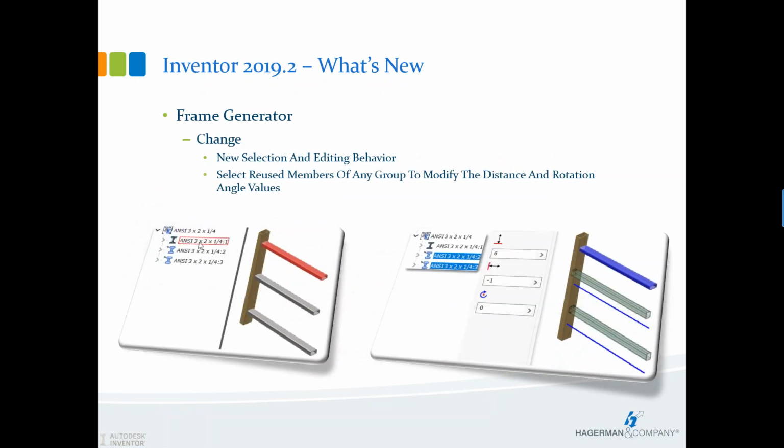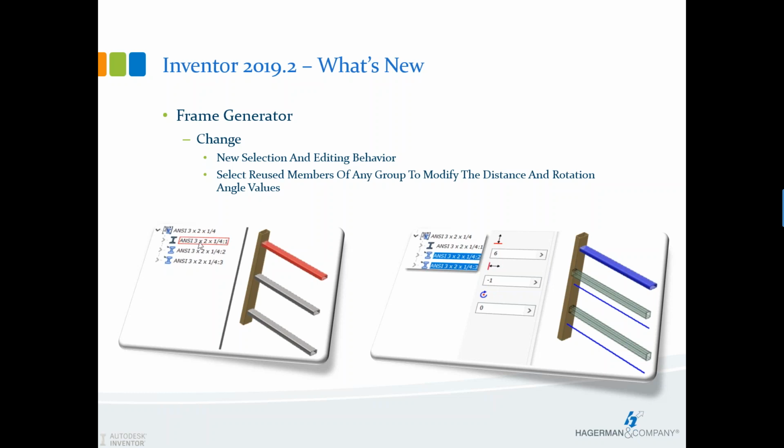The change command, new selection there and editing behavior when using the change command. So in previous releases, you could not select or edit attributes of reused components like this. With the 2019.2, we can do that. So if we've reused some components, we can go in and change those now and change the orientation, change the offset.